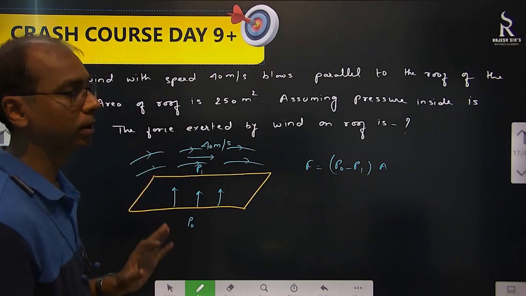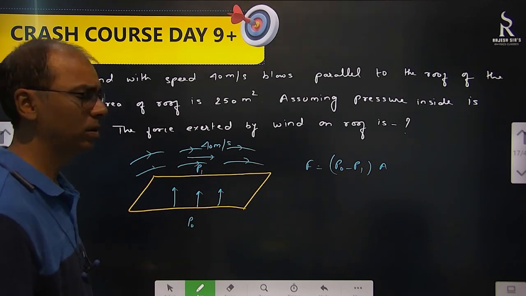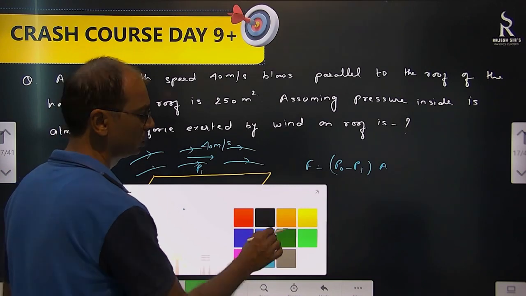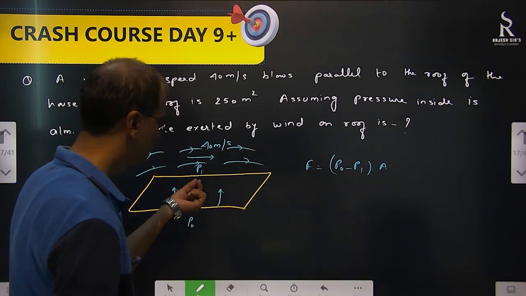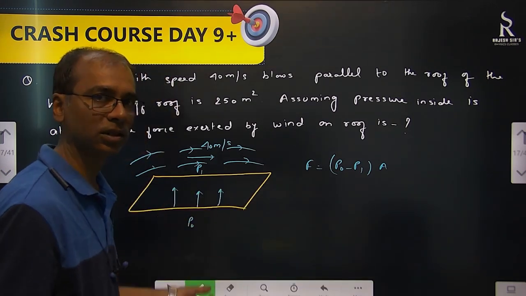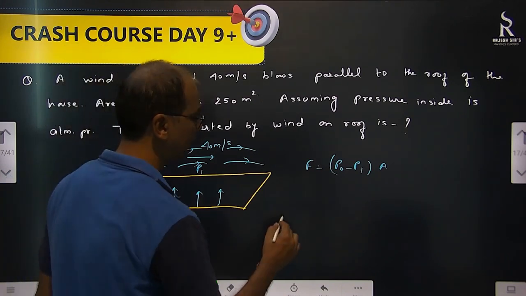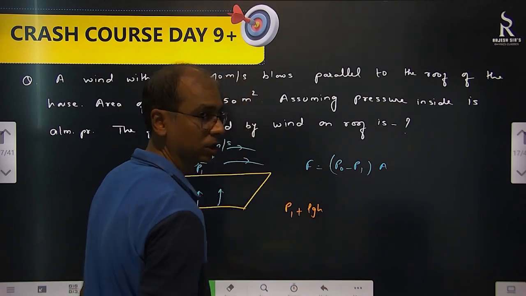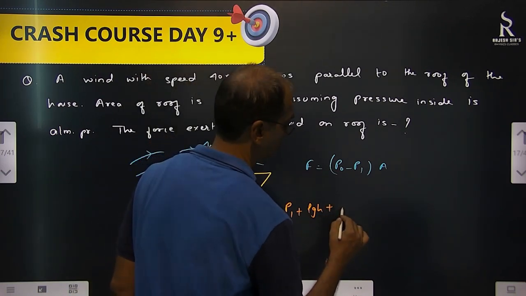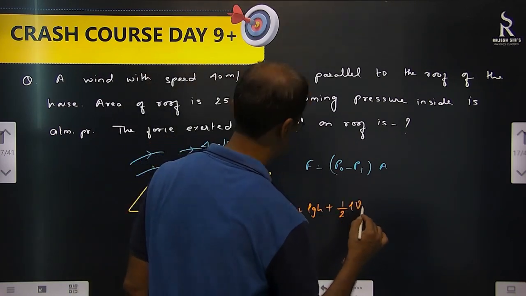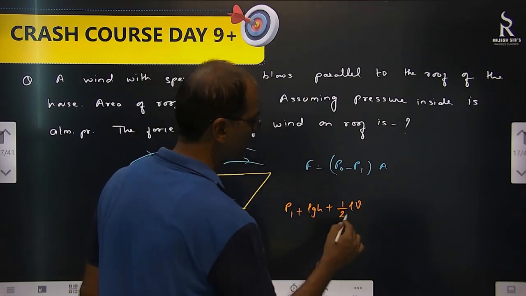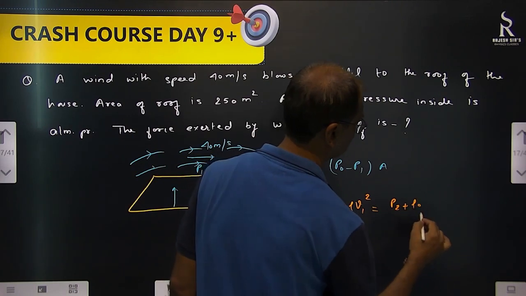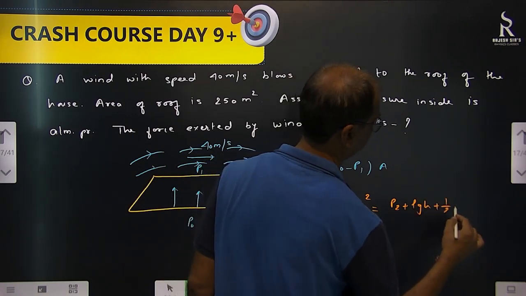How to find this P1? Apply Bernoulli's theorem. Here this is section 1, this is section 2. There is no change in potential energy because this is just below the roof and this is just above it. So P1 plus rho GH, if you want to write potential energy also, plus half rho V1 square, equal to P2 plus rho GH plus half rho V2 square.